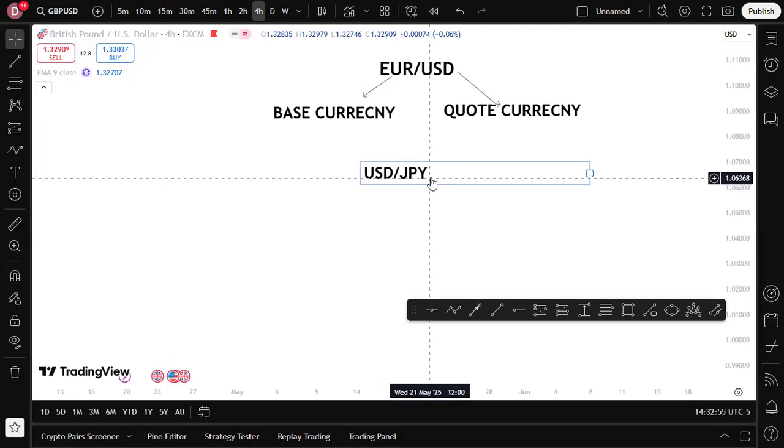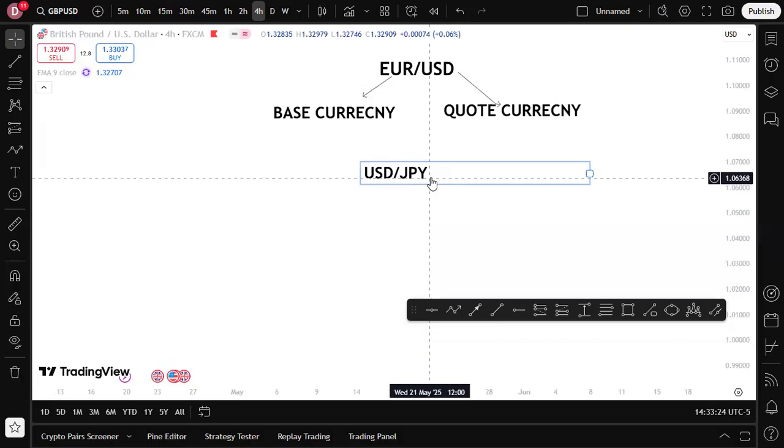Maybe the government is going to weaken the currency in order to be able to export their goods to other countries. And you believe that this is going to weaken the economy of Japan.